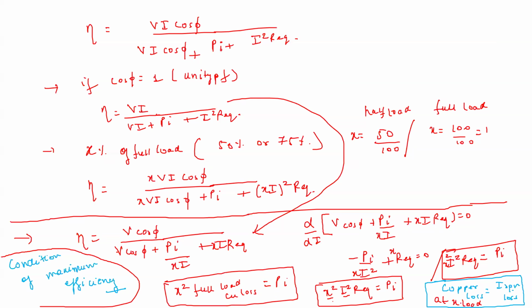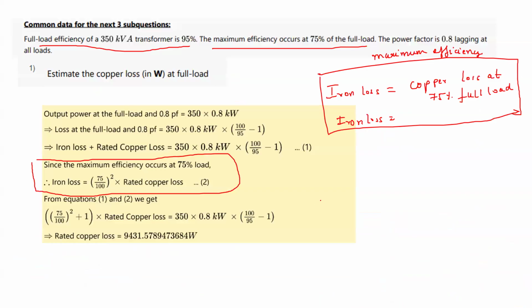So copper loss at X percent load is X square I square R equivalent, which is also equal to X square of full load copper loss. So X is 75%, so it is 75% squared of the full load copper loss.